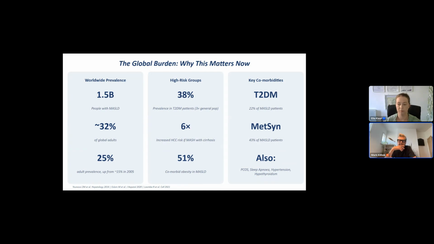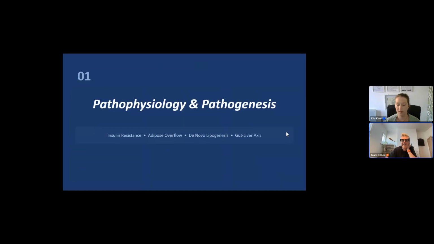So if we get into the pathophysiology of the condition, which is the next slide, please. Here we're going to look at the different aspects of the condition. Insulin resistance should be at the forefront of our minds when we're thinking about fatty liver. Then adipose overflow, which is very interesting.